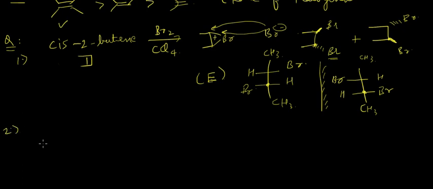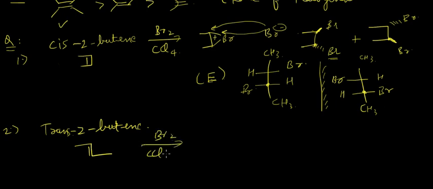Let me go to the second example, wherein we have trans-2-butene. So in trans-2-butene we would have something like this and this. When reacted with Br2 in presence of CCl4, we would get something like this.